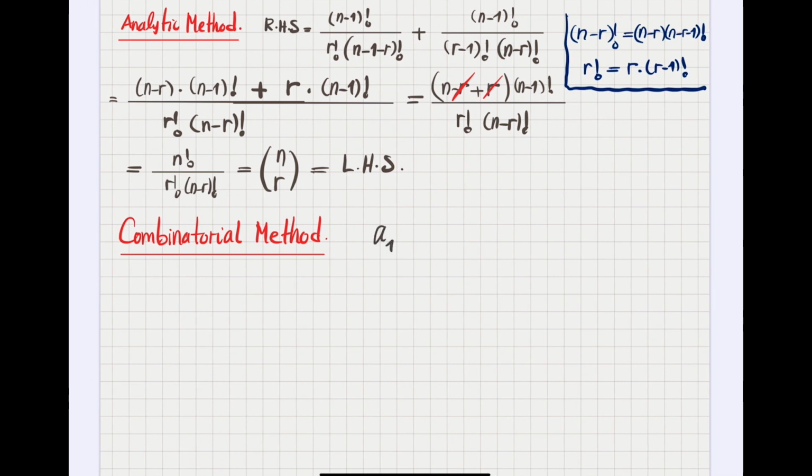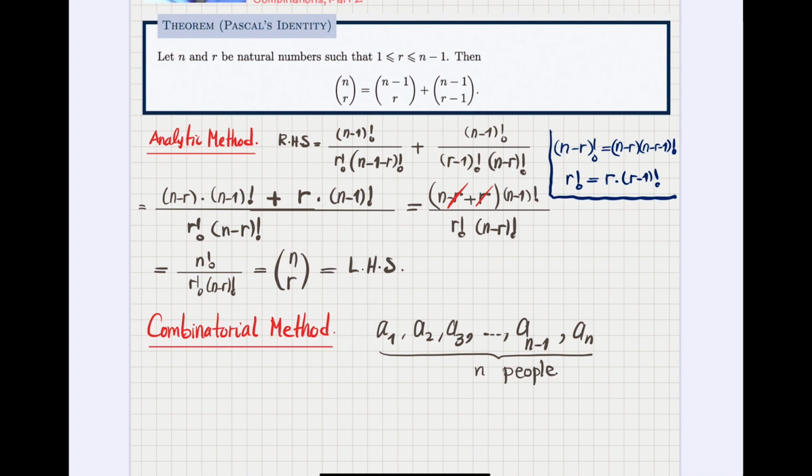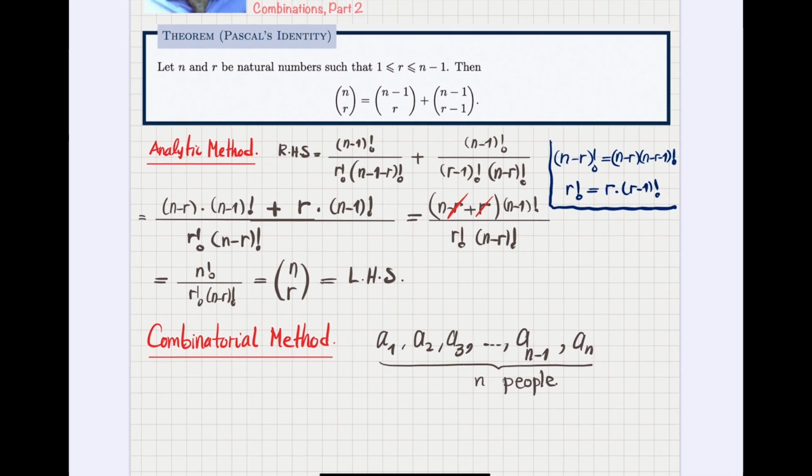I consider n people. Okay, and look here, you have at least an idea of the left hand side. What is the idea of the left hand side? The idea is that among these people I choose r of them.